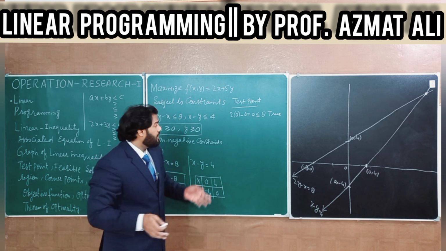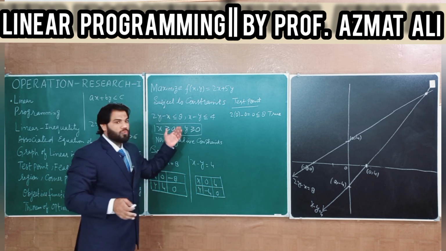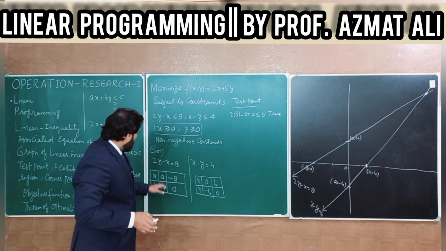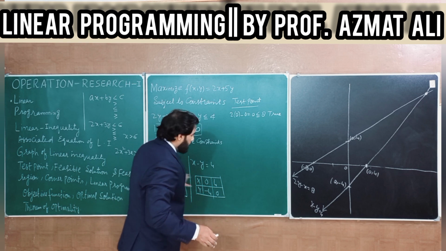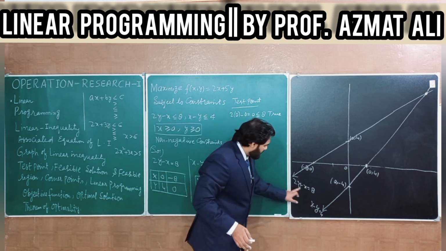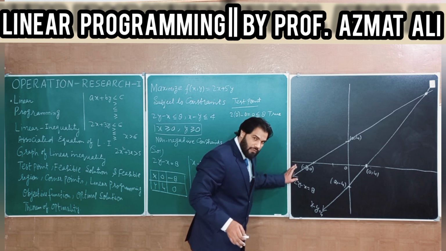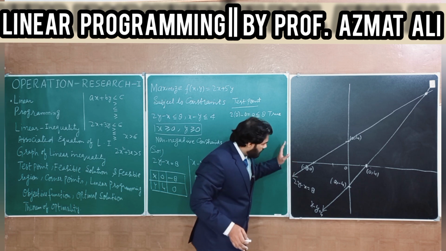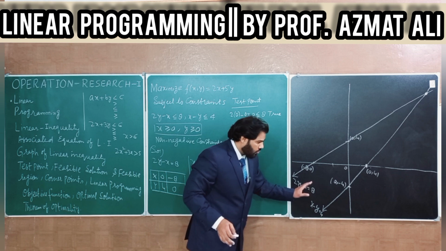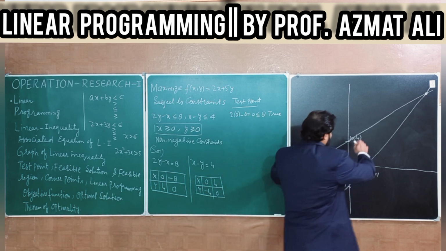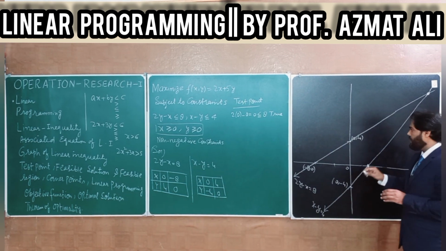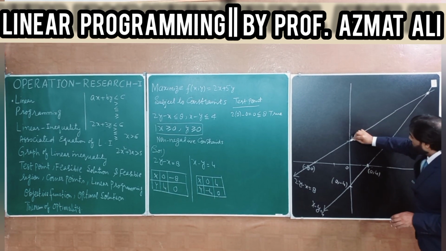This shows that the graph of this inequality is towards the origin, so the graph of 2y - x ≤ 8 will be below this line.